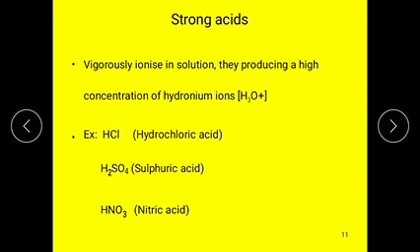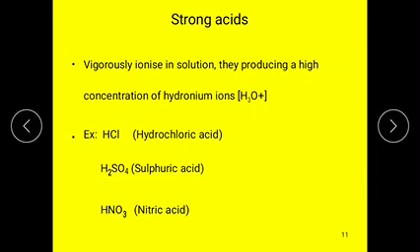Now let us see strong acids. They ionize vigorously in solution, producing a high concentration of hydronium ions or H plus ions. The acids which ionize completely and produce a large number of H plus ions are called strong acids.